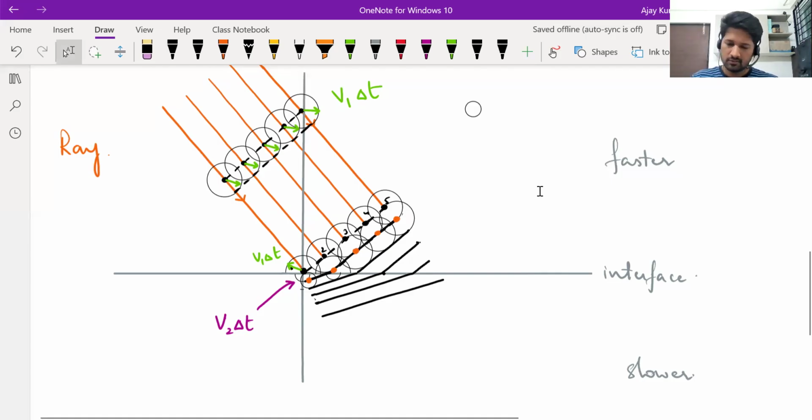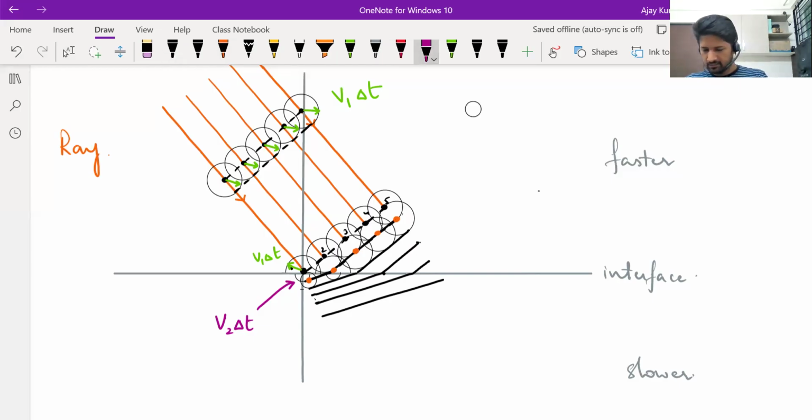So when the ray is just incident on the interface, the angle made by the wavefront, I'm not talking about the angle made by the ray, the wavefront was at this angle, along this line.